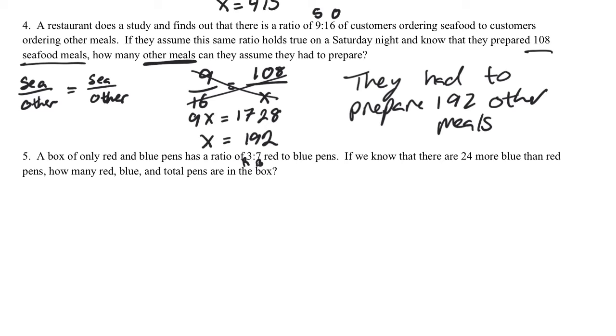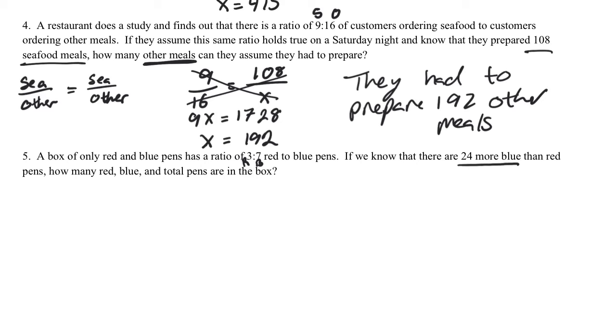Red pens to blue pens. If we know there are 24 more blue than red pens, how many red, blue, and total pens are in the box? Okay, so it tells us about a ratio of red to blue, and it's asking us to find both of those parts and a total for the second half, all right?